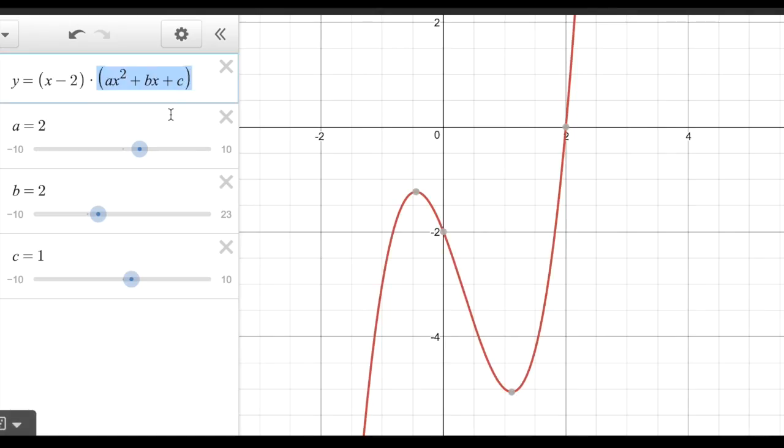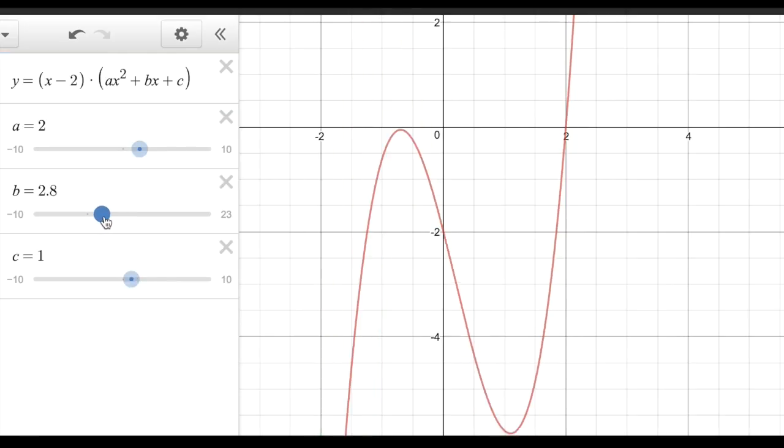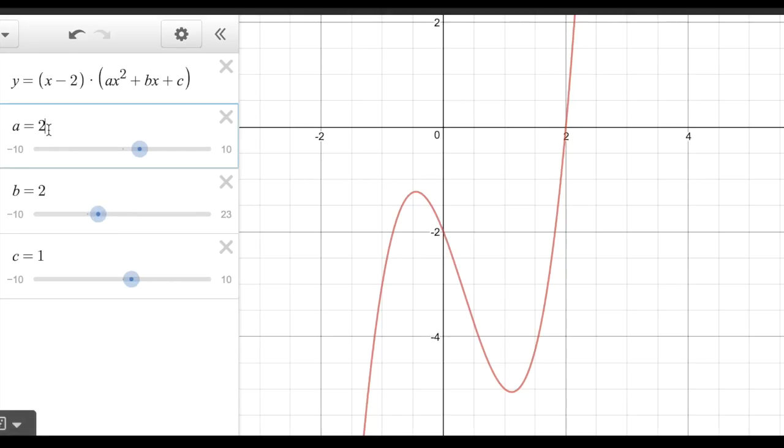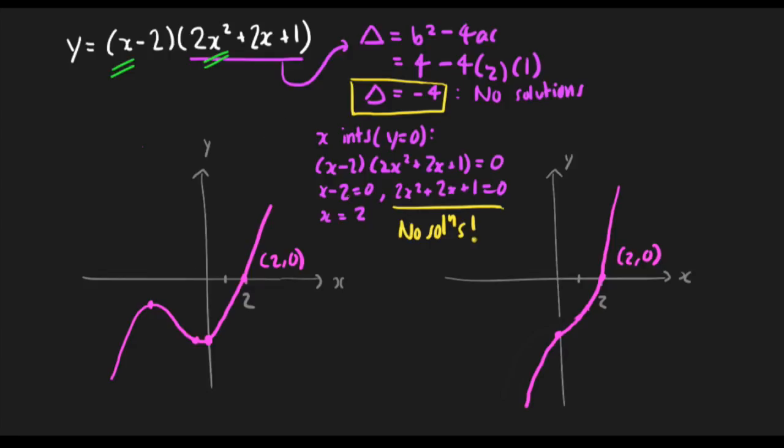I can change those parameters here, slide these along and see how the graph changes. Right now it's set up to exactly what we had: A is 2, B is 2, and C is 1, just like in our question. Based on what that graphing calculator tells us, it's going to be this option for this particular example. But I'm going to show you that it doesn't always have to be that way.